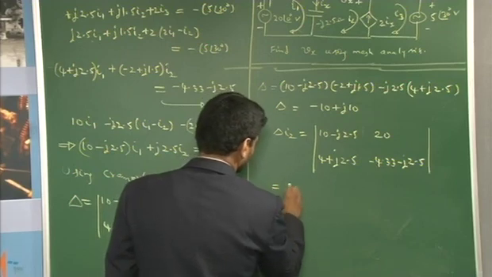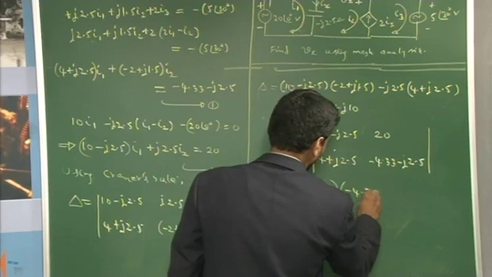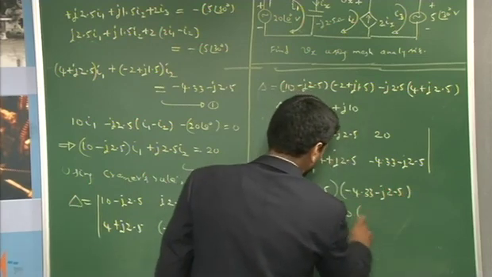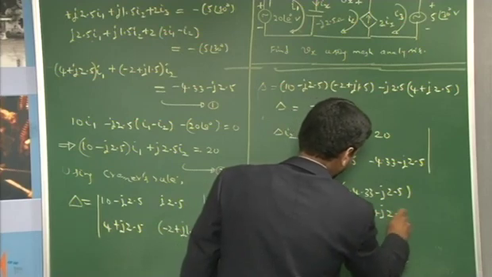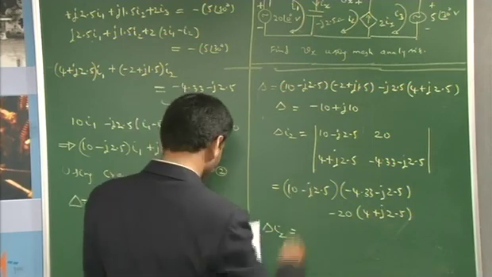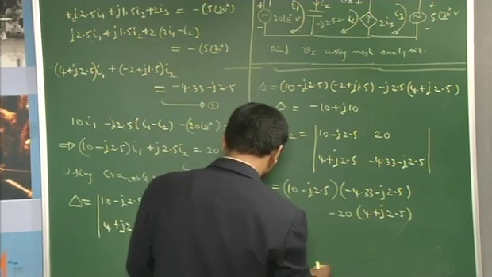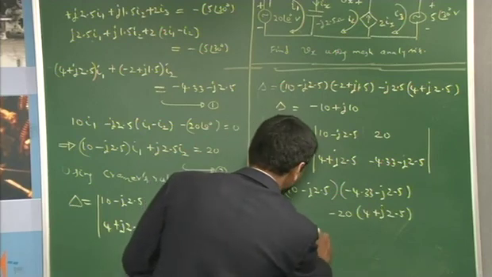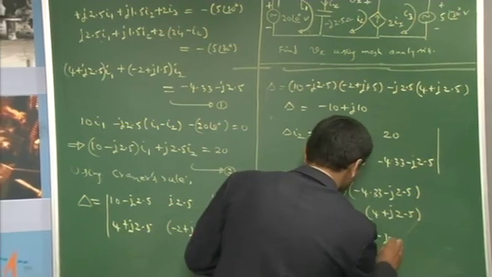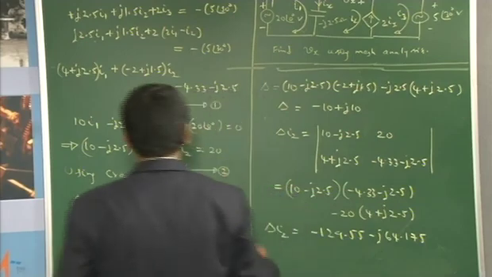Then this is equal to (10 minus j2.5) into (minus 4.33 minus j2.5), then minus 20 into (4 plus j2.5). When you substitute this in the calculator, you will get delta I2 as minus 129.55 minus j64.175. So, you got delta I2 now.